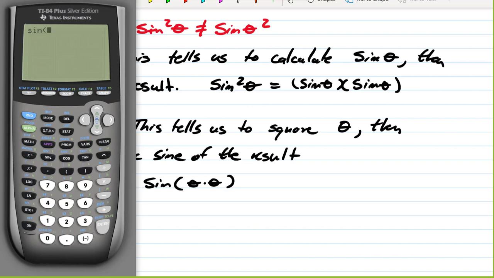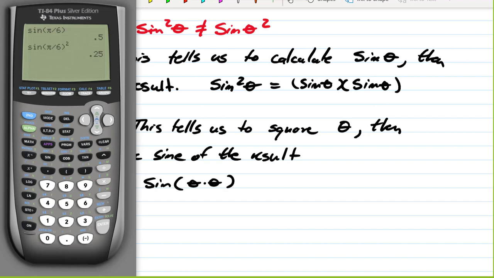So for instance, if I wanted to find the sine of pi over 6, which is a half, and I want the sine of pi over 6 squared, I would go sine pi divided by 6 and square it. Notice I can't put the exponent in between the sine and the pi over 6, even though that's how it's going to appear in my labs or in any math book.